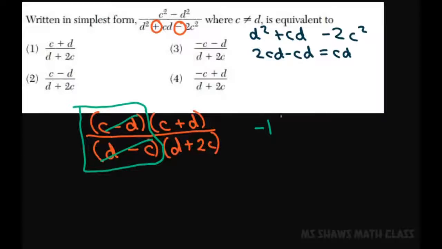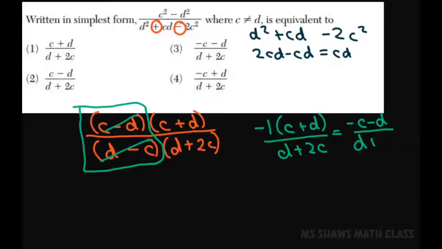So you have -1 times C plus D divided by D plus 2C. And apparently the answer is not there, so we're going to distribute the -1 and then have D plus 2C. So our answer is 3, and I'm going to explain this part.